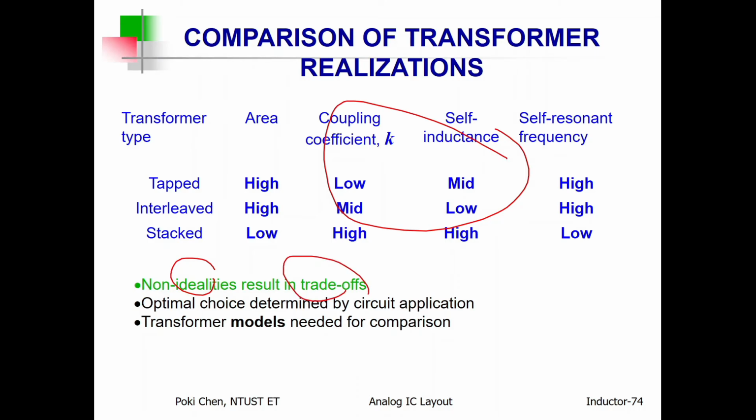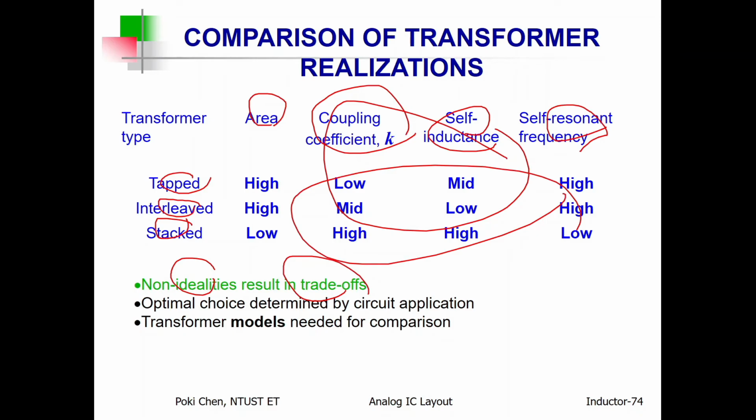Anyway, according to the tapered, interleaved, and stacked, you can see that according to chip area, coupling effect, self-inductance, or self-resonance frequency, you need to do a trade-off. You cannot get the best among all the parameters.